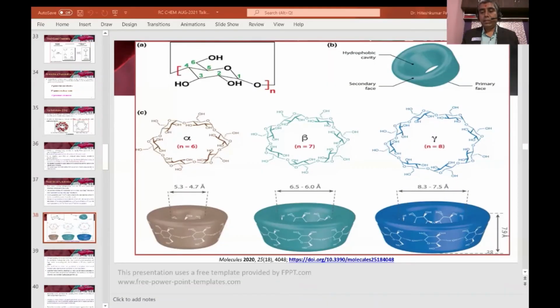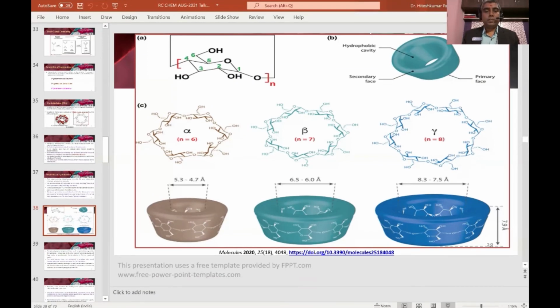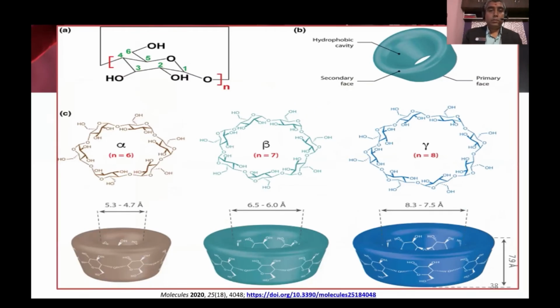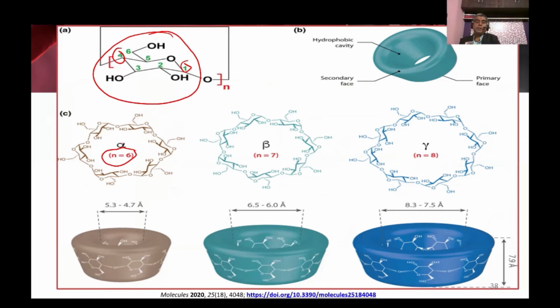We can see in this image that the D-glucopyranoside units are bonded via 1,4 glycosidic bonds. The first figure is alpha cyclodextrin, which has 6 repeating units and a cavity diameter between 4.7 and 5.3 angstrom.